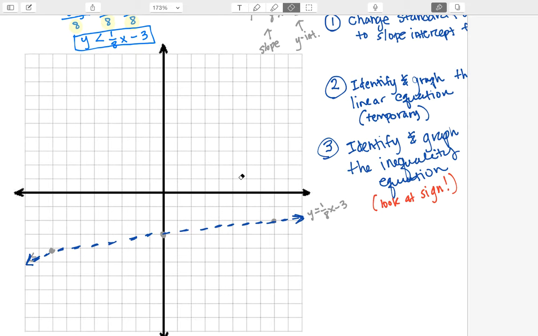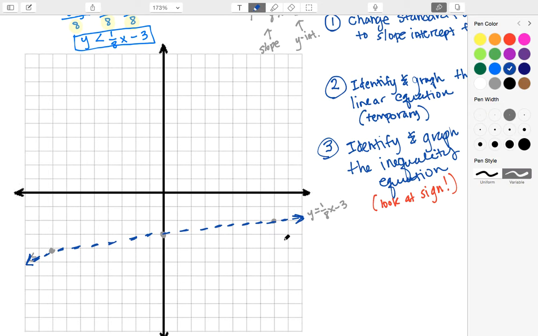So what this means now is we have to identify the solution set.